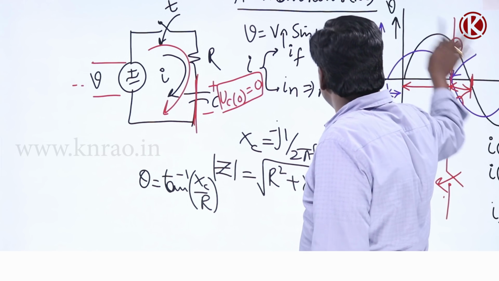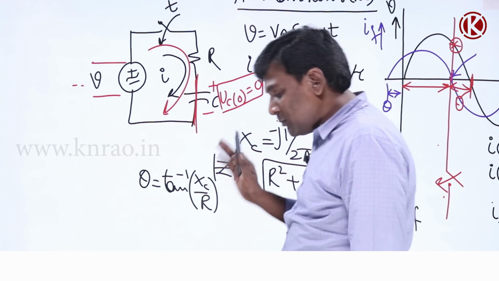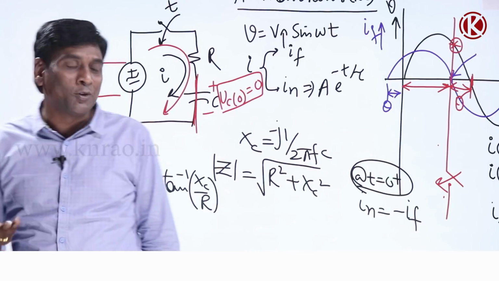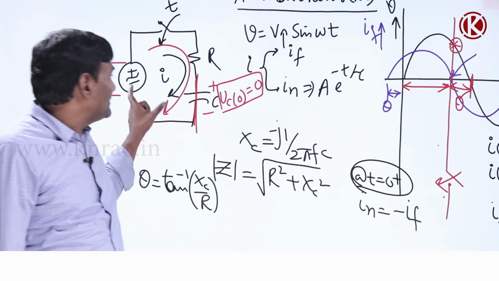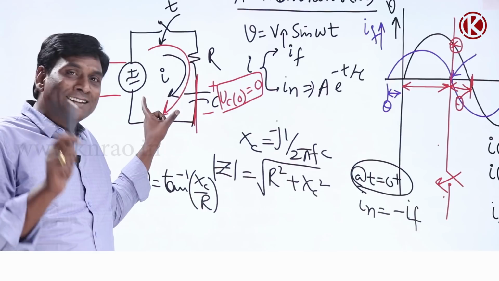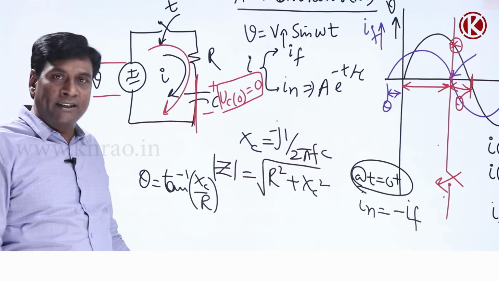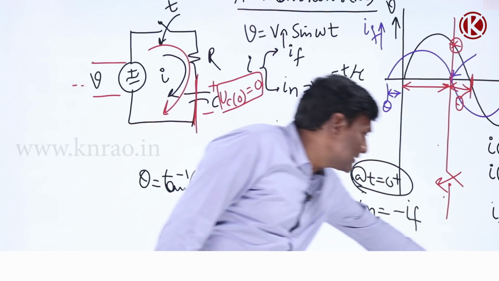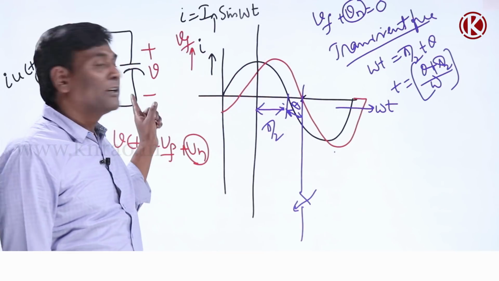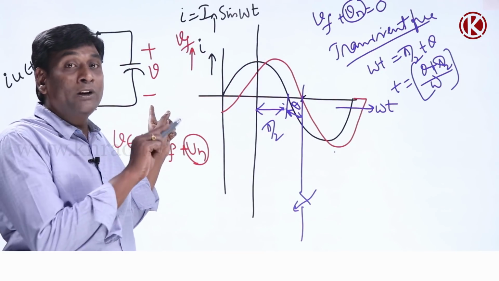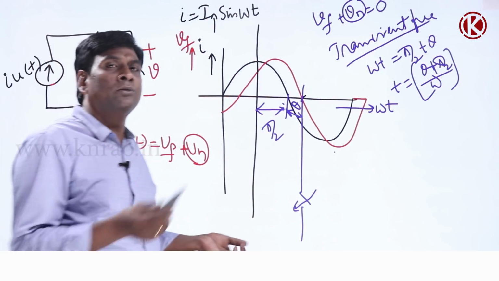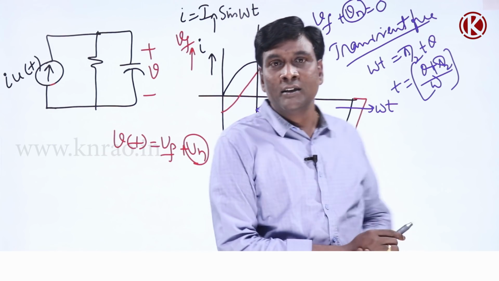For this circuit, the transient free condition cannot be found directly. For the RL circuit we can find it directly, or if I have only RL in series with a voltage source, we can also find it.